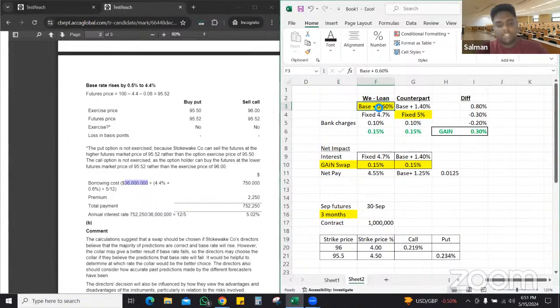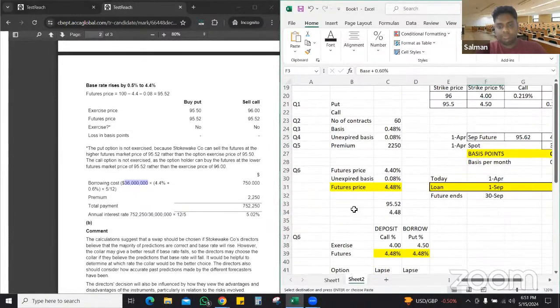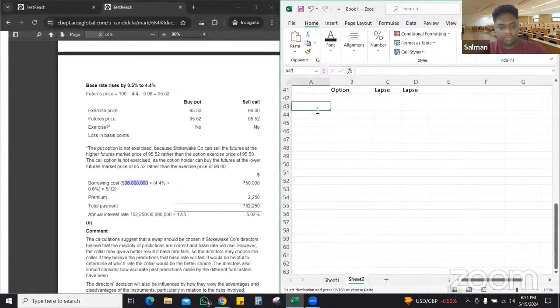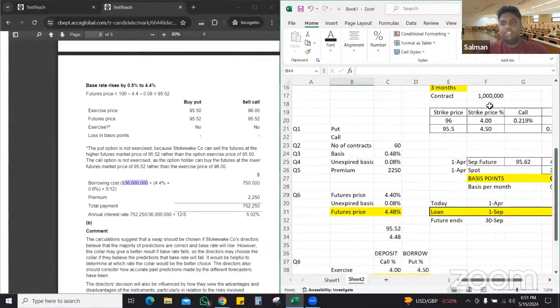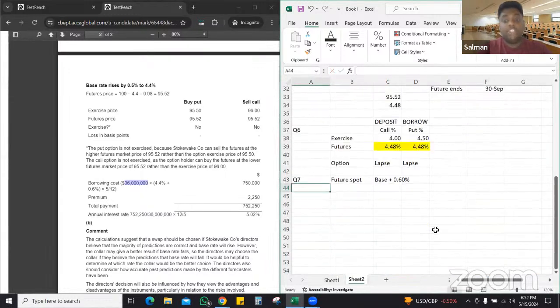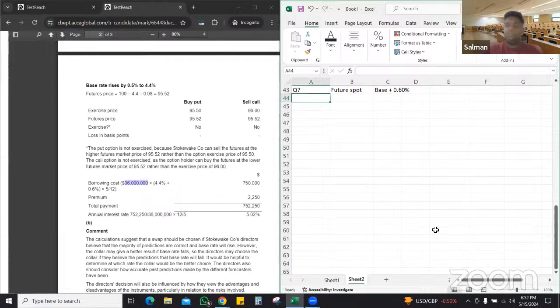We are going with the market rate. So what's your borrowing cost? We are basically going with the market rate.